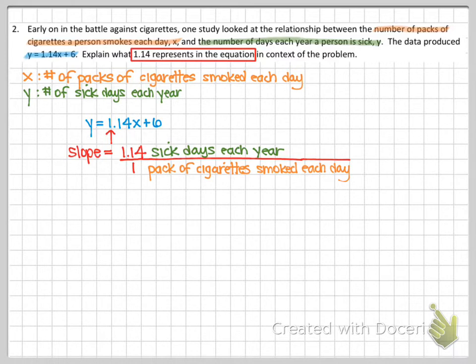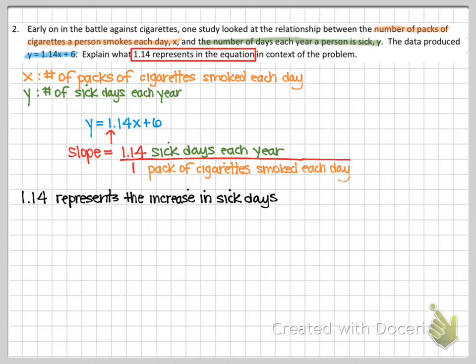So we would say that 1.14 represents, okay, it's positive, so we're going to say increase. The increase in sick days per year.